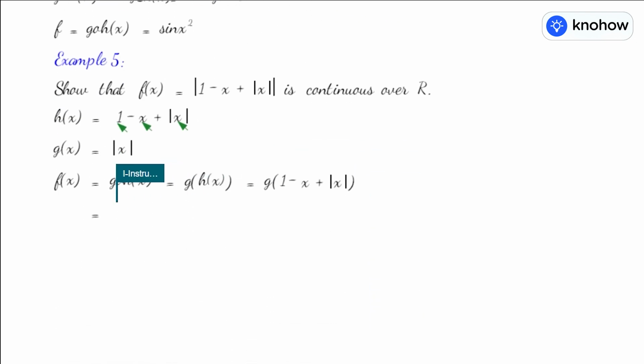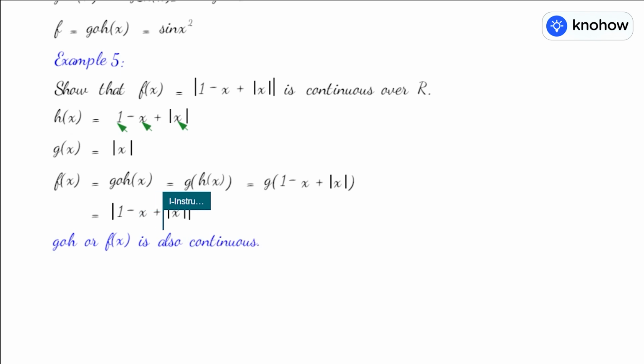So it will be modulus of (1 minus x plus modulus x), whole modulus. And now as h and g are separately continuous, the composite function goh, or the given function f(x), is also continuous. As simple as that.